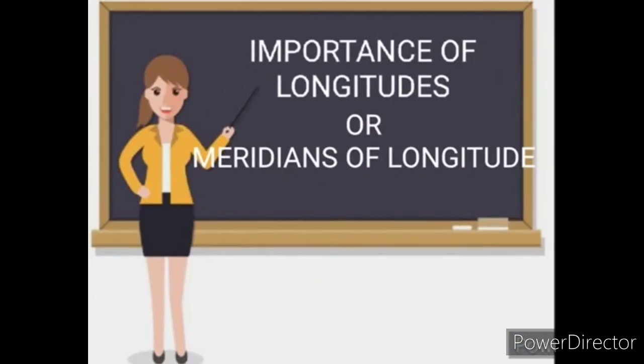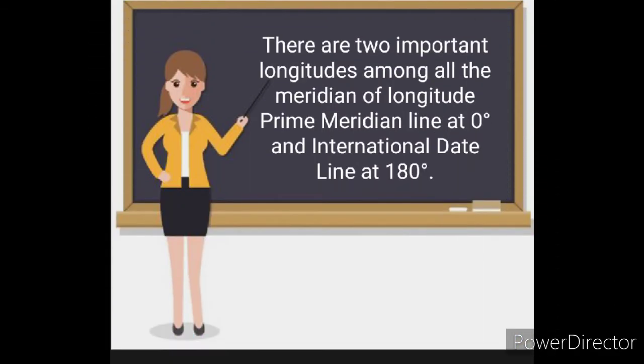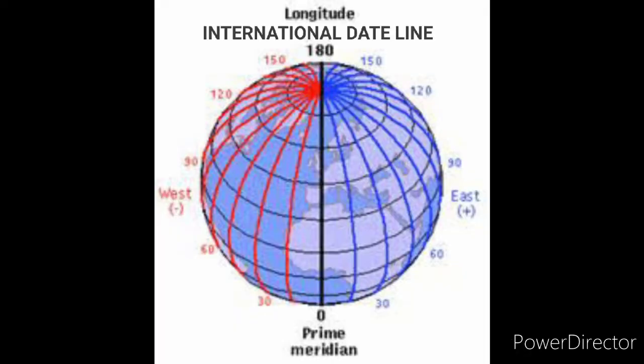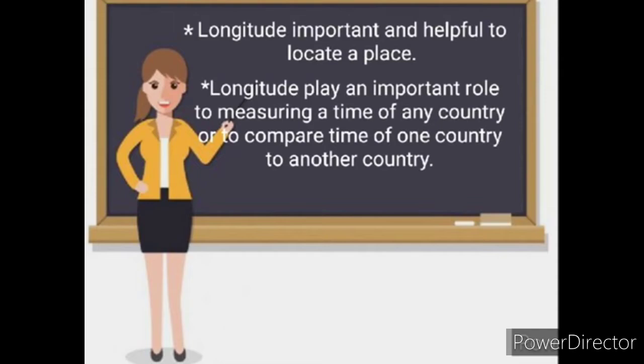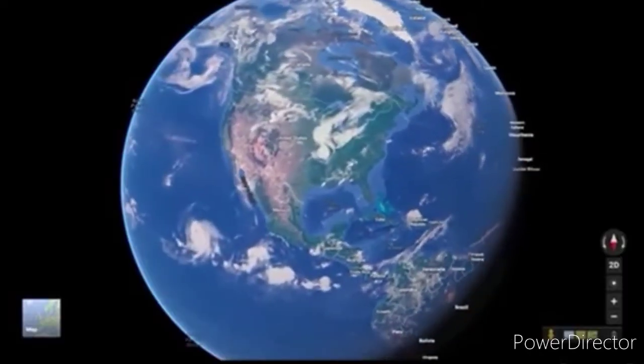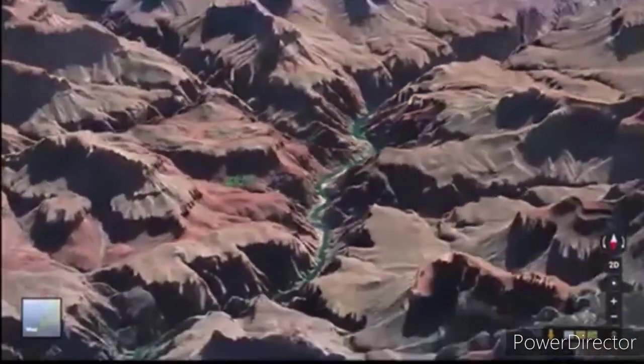Now let's learn about the importance of longitudes. There are two important longitudes among all the meridians of longitude: the prime meridian line at 0 degree and the international date line at 180 degree. Longitudes are important and helpful to locate a place. Both latitude and longitude lines are important to locate any place on the earth.